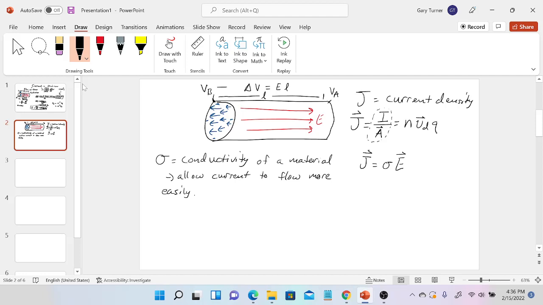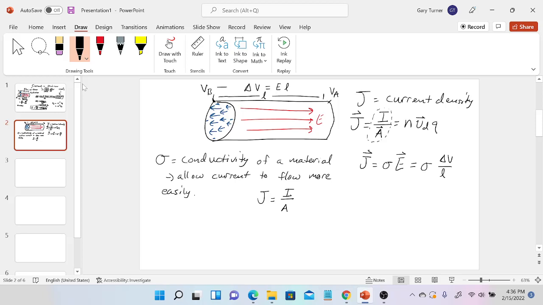And so your current density is also equal to sigma times delta V over L. Now, your current density J is equal to, remember, the current divided by the surface area, or cross-sectional area.